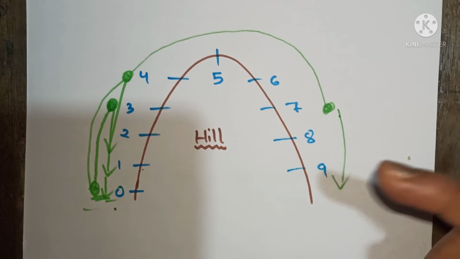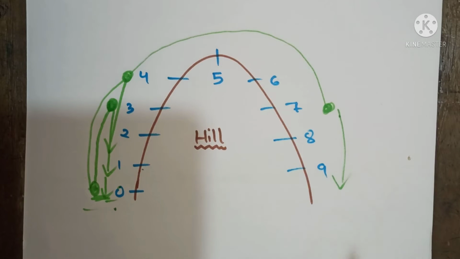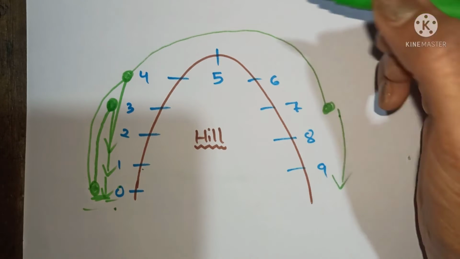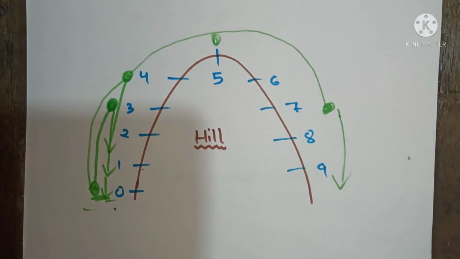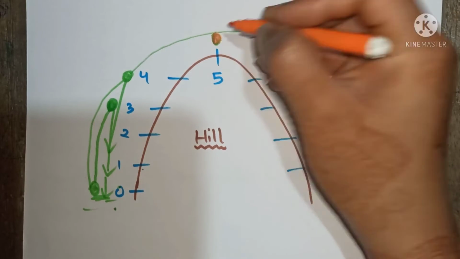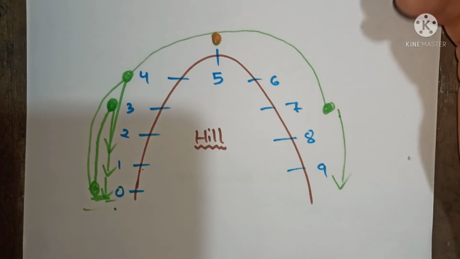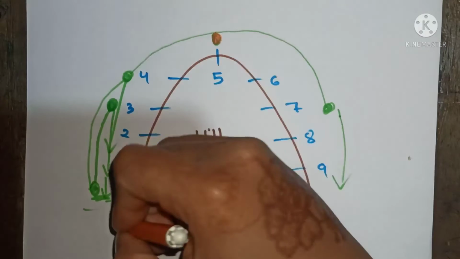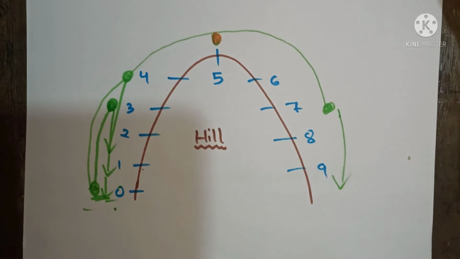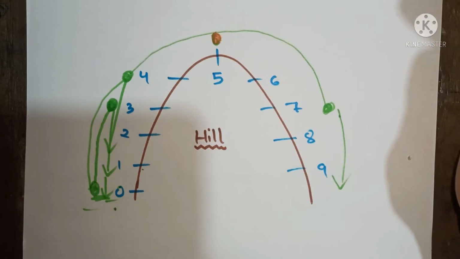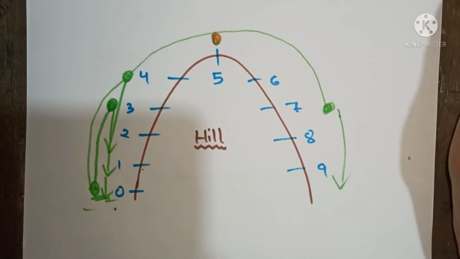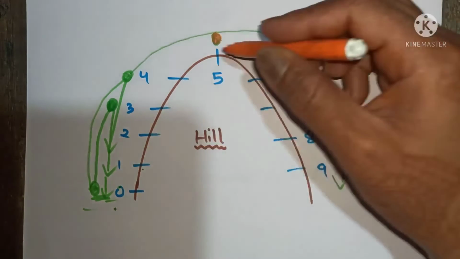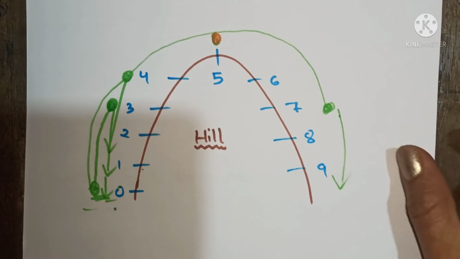Now the most important part. If our bike stops here on the top, that is on 5, then what will happen? Then we will not fall back, and we will not fall in the front, the next part. Then we have a choice. We can choose to fall back or fall in the front.